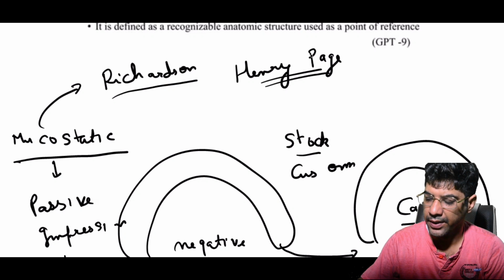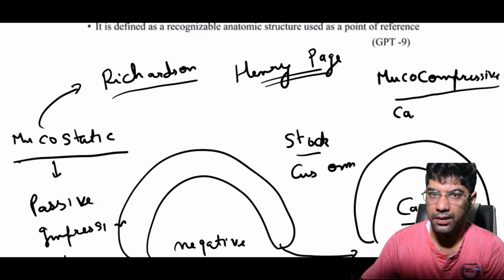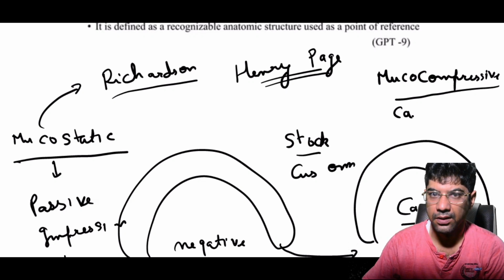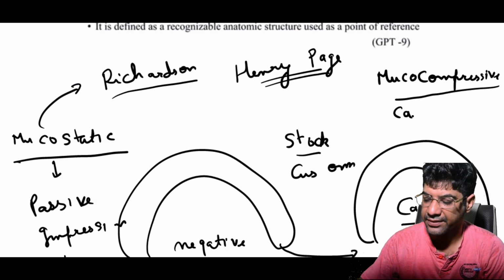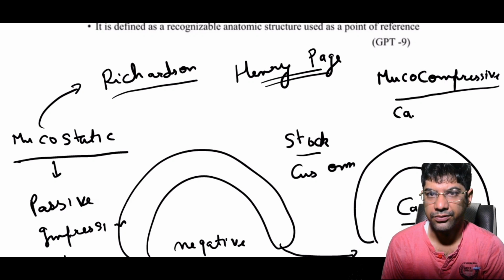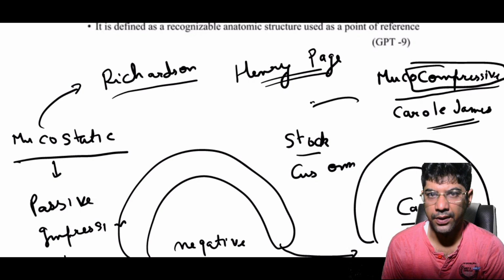The other is mucocompressive theory. It was given by Carol James. So mucocompressive means that it records the tissue under pressure in order to simulate the occlusal load.